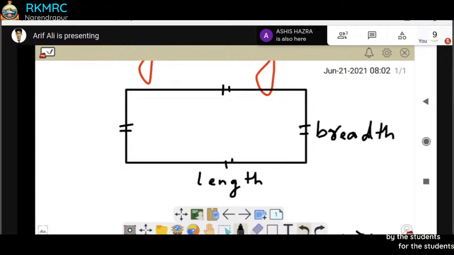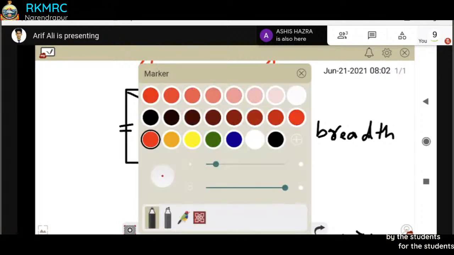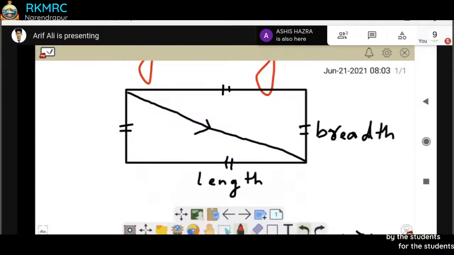This is equal. And if we draw this diagonal, this is your diagonal. I'm writing it here with the red.